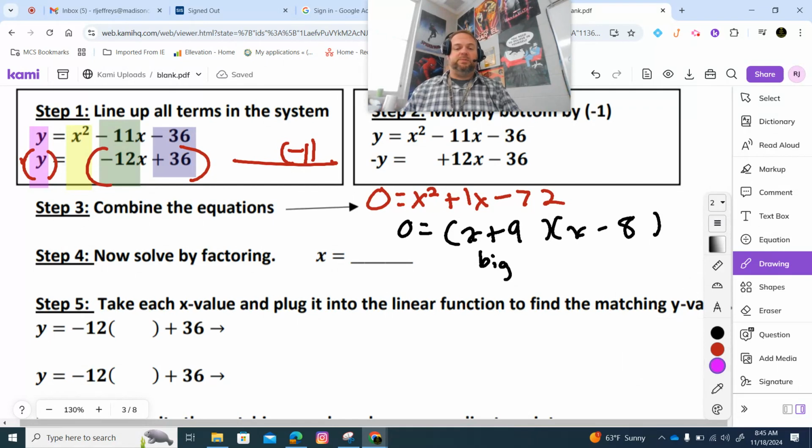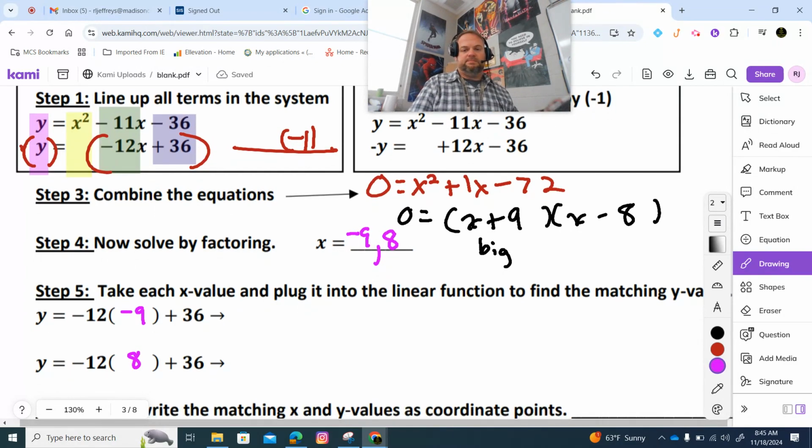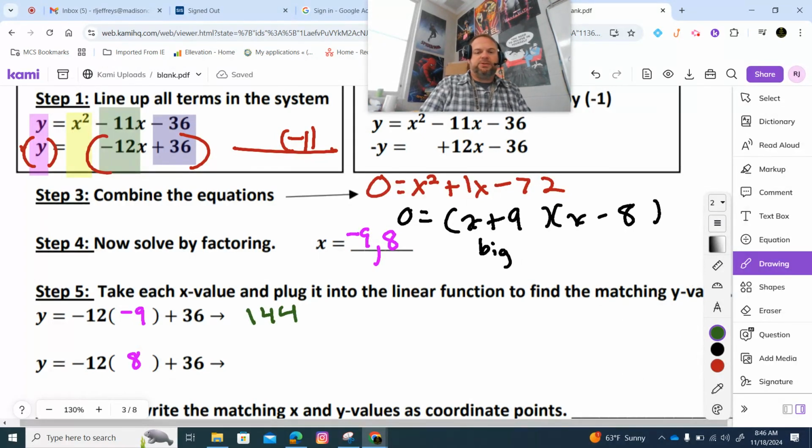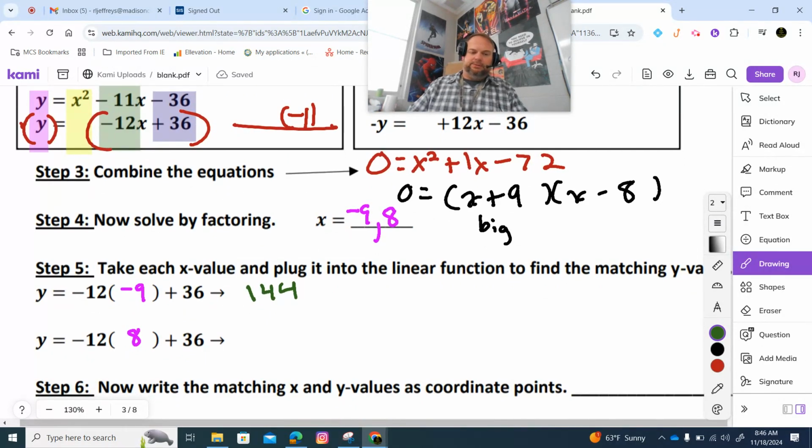So our opposite would be negative 9, positive 8. Holy smokes. Mr. Jeffries, I got a big number. Well, you're multiplying big numbers.